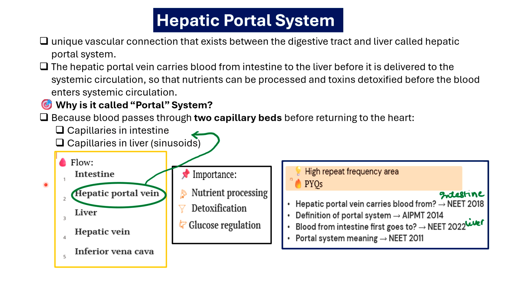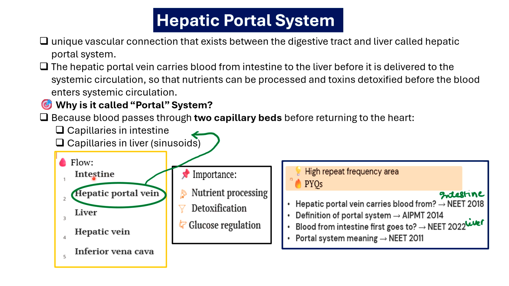What exactly happens here is that in the intestine, the food is absorbed, so the blood will have nutrients as well as toxins. Before that kind of blood is transferred to the heart, it needs to be detoxified, nutrients need to be processed, and glucose needs to be regulated.